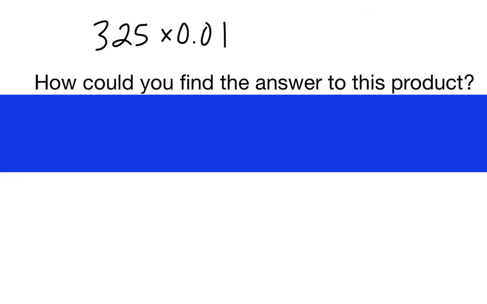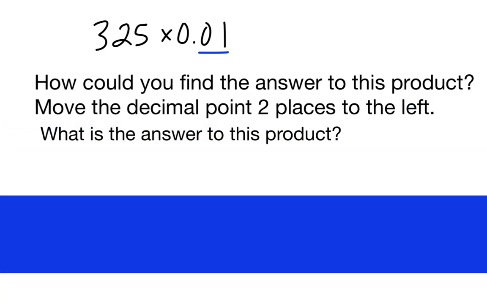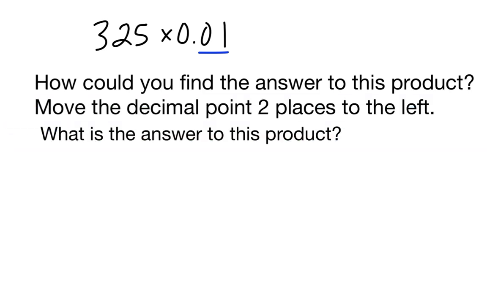325 times 100th, multiplying by 100th, is going to move the decimal 2 places to the left. And so the answer to that, if we had 325, move the decimal 2 places to the left, would be 3 25/100.